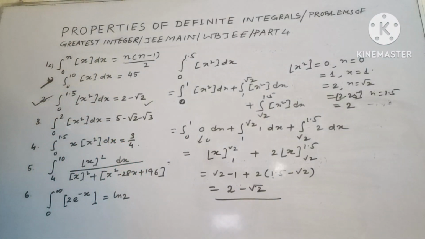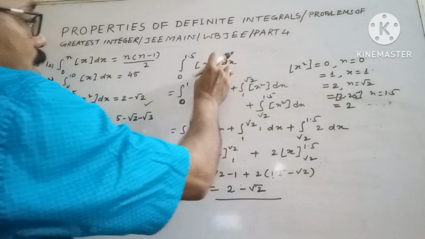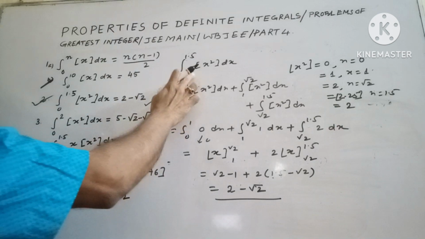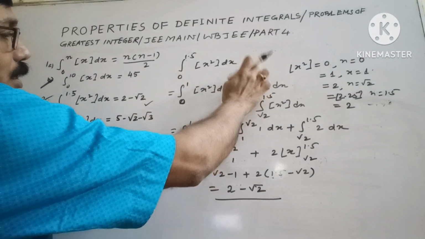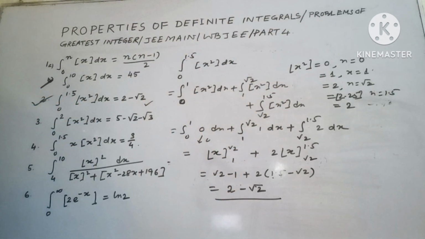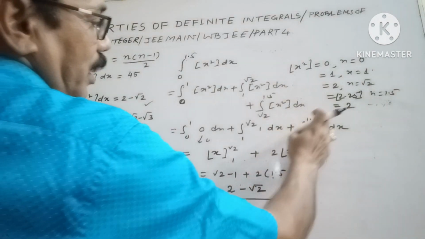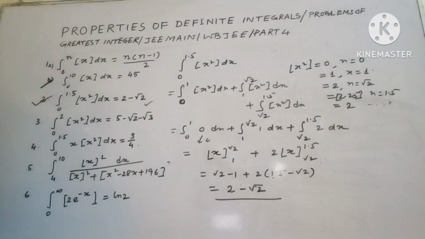So you should remember that x square should be an integer. You have to take the values, that is why it is root 2, then root 3 and so on. Root 3 is not taken because root 3 is greater than 1.5.